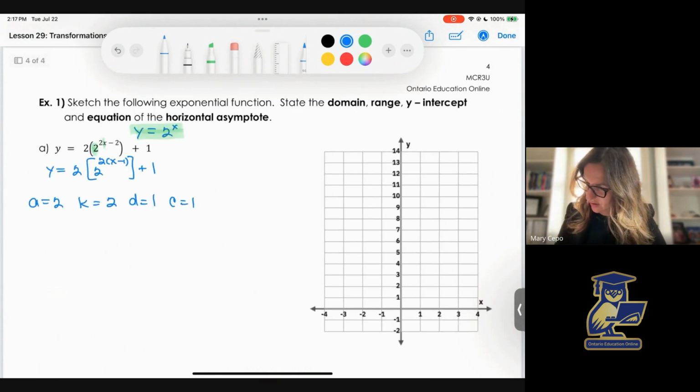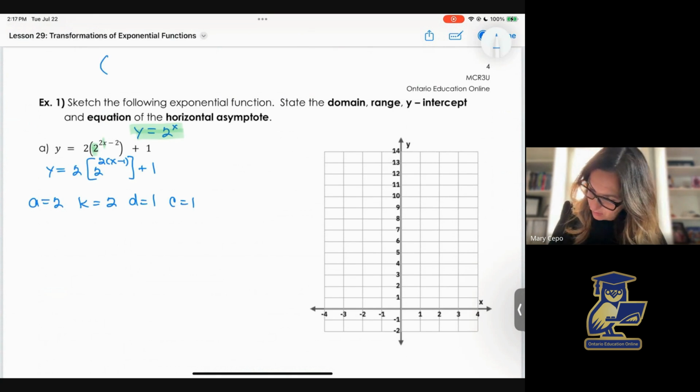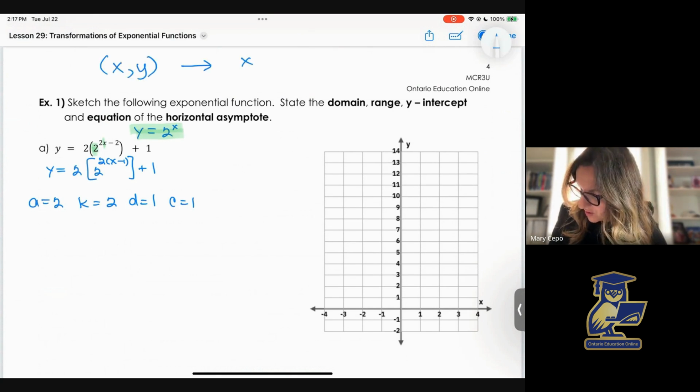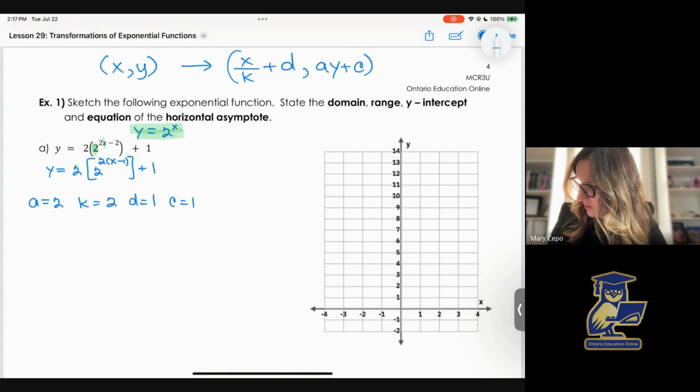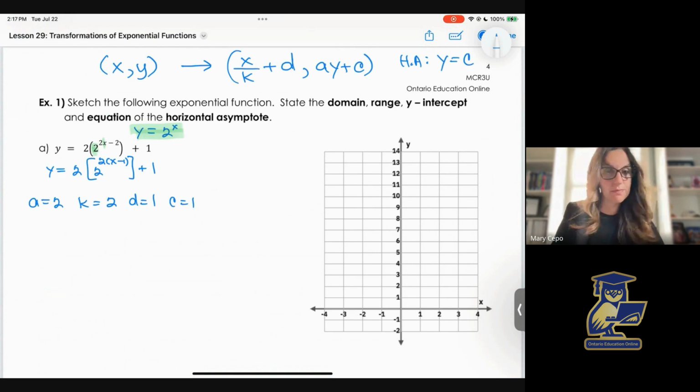So just to have our mapping rule nicely laid out, the mapping notation would be (x/k + d, ay + c). And we also learned the horizontal asymptote is always y equals your c. Keep that in mind.